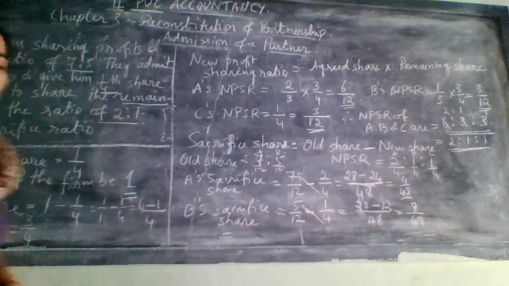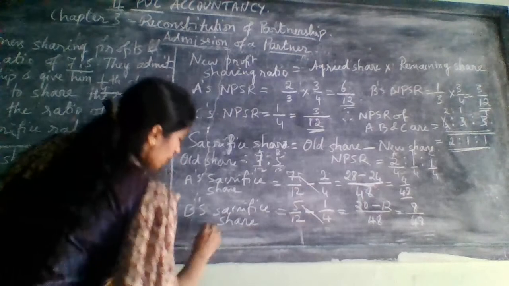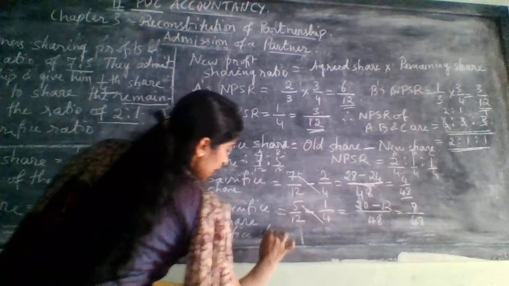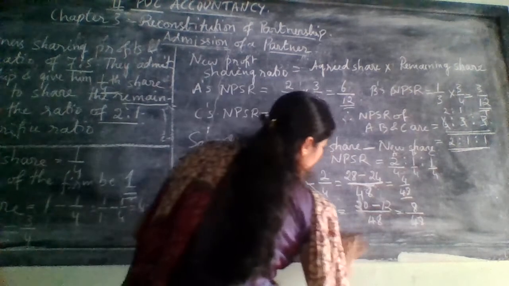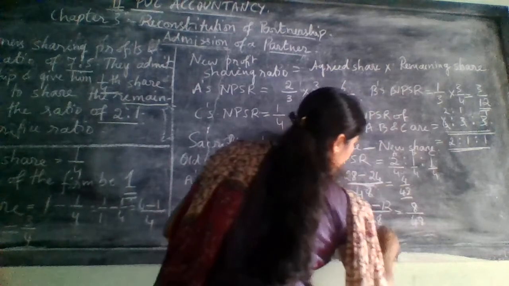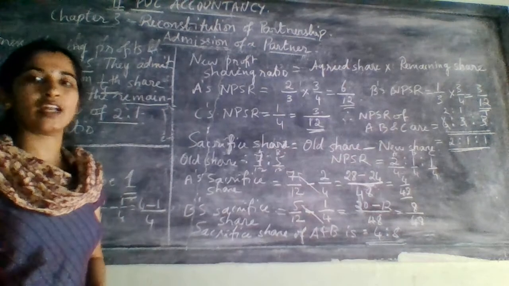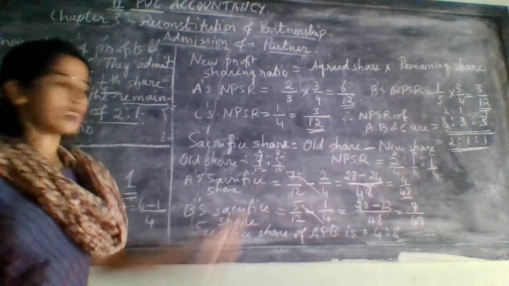So their sacrifice share is how much now? The sacrifice share of A and B is 4:8. You can write this again in simplified form. If you do cross multiplication, this is a problem.